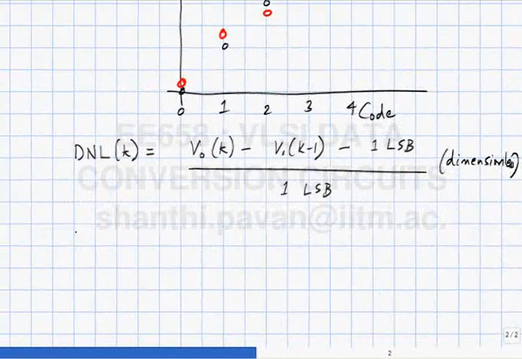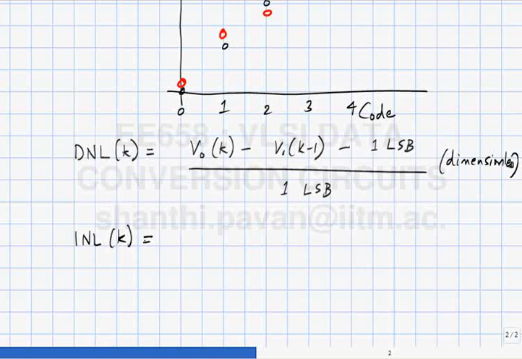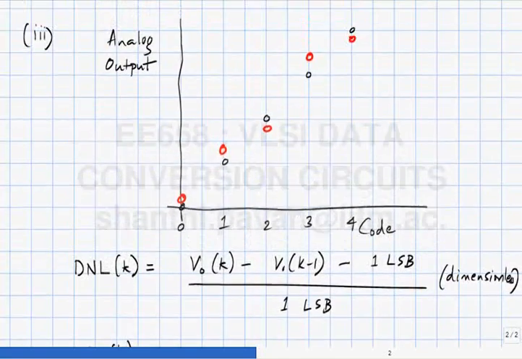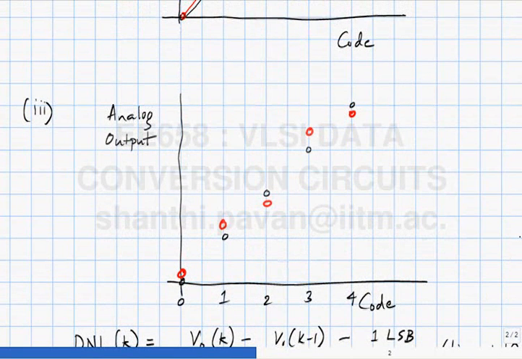Similarly, the integral nonlinearity INL of the code K is defined as, just like in the case of an ADC, you can evaluate it as the running sum of the DNL, but what does it physically mean? It is defined as how far the actual output is away from the ideal output.